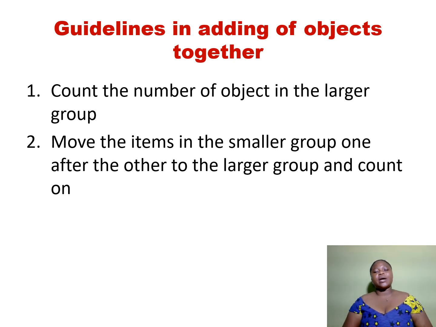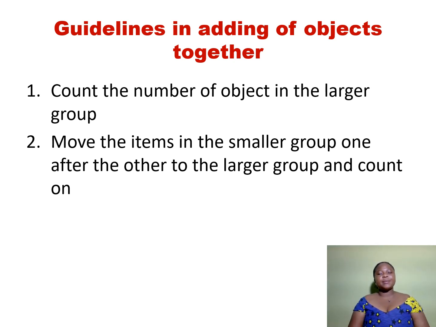So before we go to our examples, let's take this guideline. 1, we are going to count the number of objects in the larger group. Then 2, move the items in the smaller group, one after the other, to the larger group and count on.